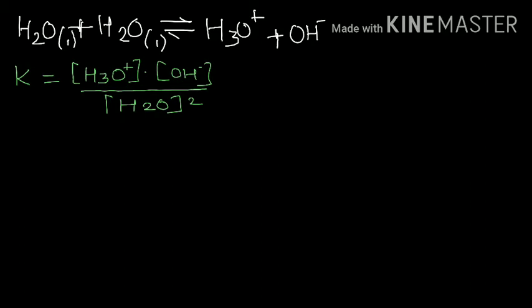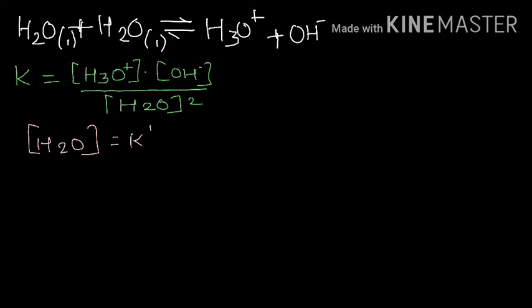Now here you saw that the water did not undergo complete dissociation, hence you can take the molar concentration of water as constant. Since we have taken K as the equilibrium constant, we are now taking the constant value for water as K dash.